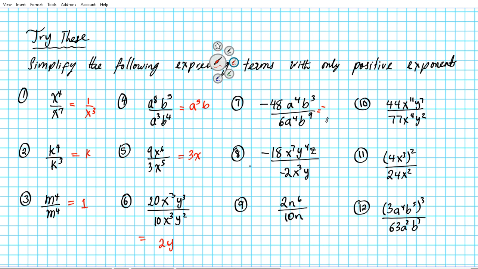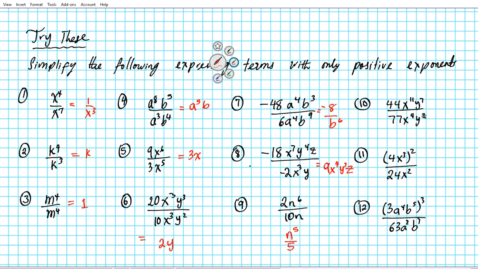So it's negative 8 over b to the sixth power. And then for number 8, the answer is 9x to the fourth power, y to the third, z. For number 9, the answer is n raised to the fifth power divided by 5.